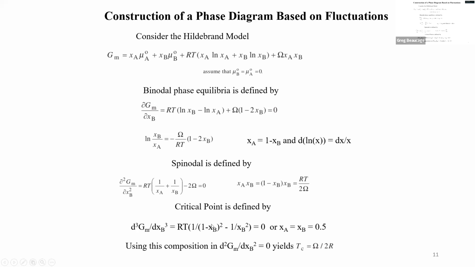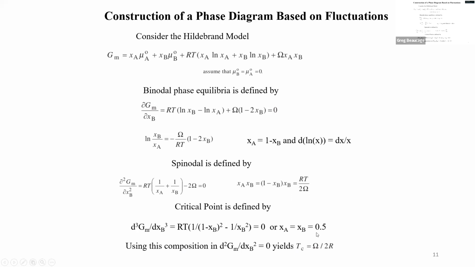Then the third derivative is to find the critical point. You take the derivative of this equation. That ends up giving you this, and you can solve for 50%. That just gives you that the critical point's at the center.